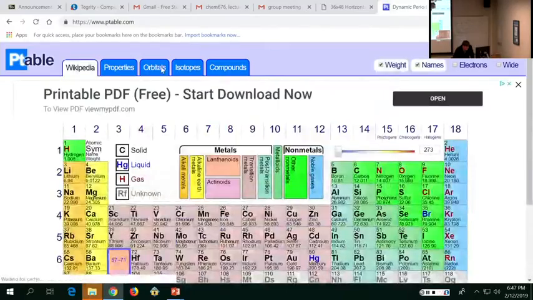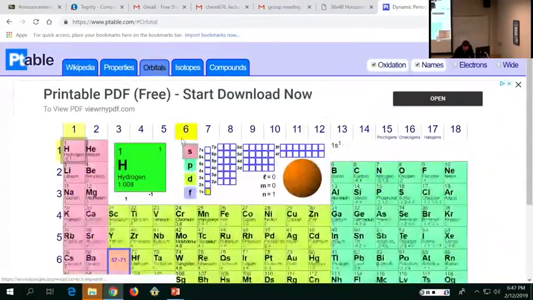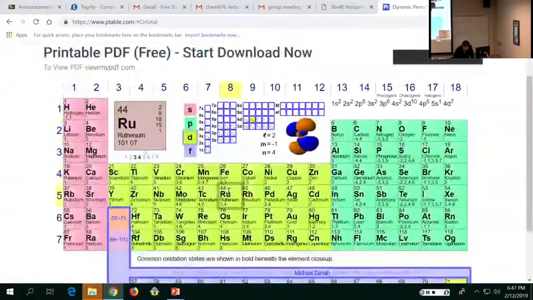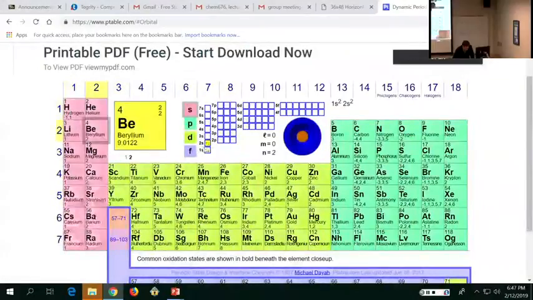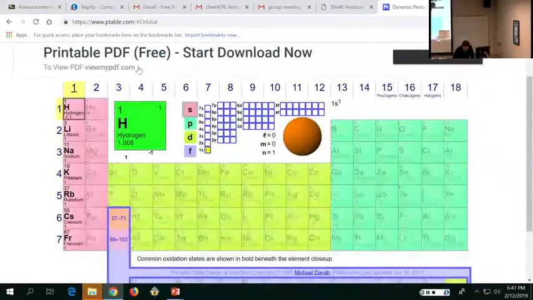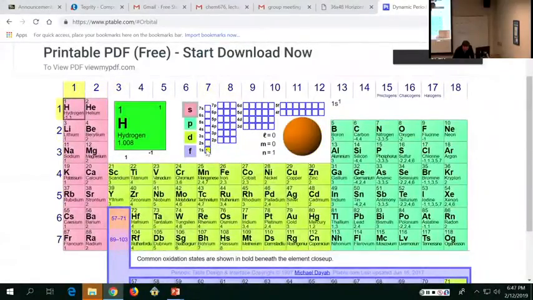So if you select orbitals and click on hydrogen, since it is one electron, it is in the lowest state.